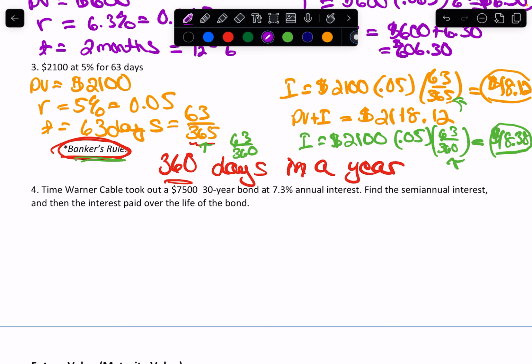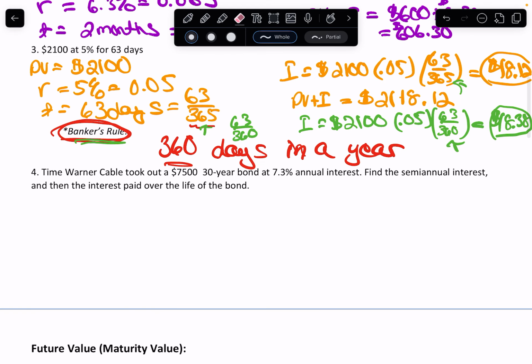Okay, now Time Warner Cable took out a $7,500 30-year bond at 7.3% annual interest. Find the semi-annual interest and then the interest paid over the life of the bond. Okay, semi-annual interest. What does semi-annual mean?